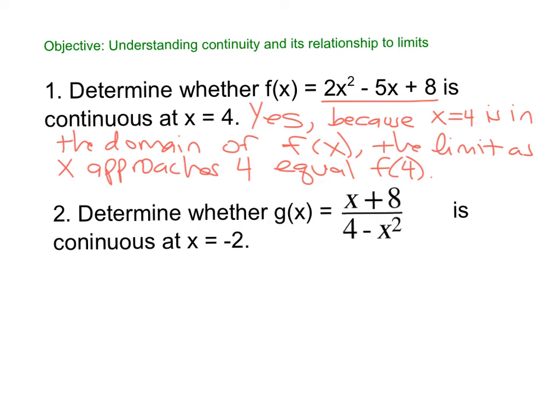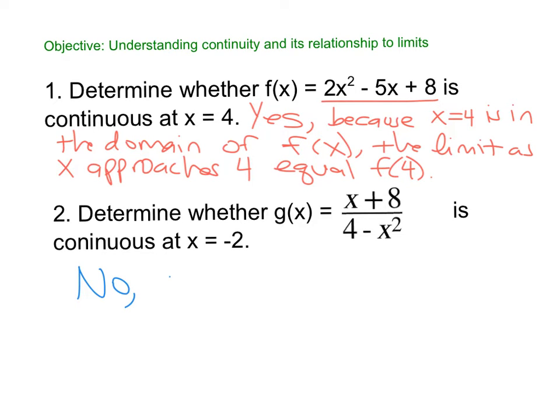All right, try number 2 on your own. Determine whether g of x equals x plus 8 over 4 minus x squared is continuous at x equals negative 2. Is that continuous? It is not. And what is the reason?